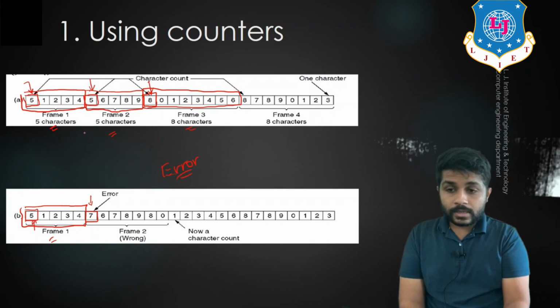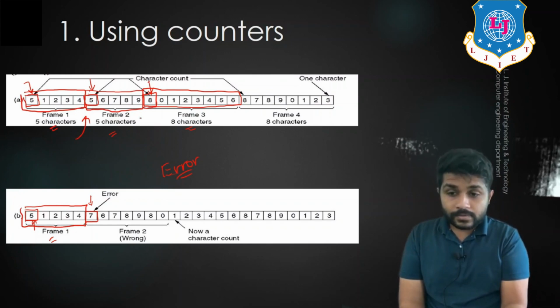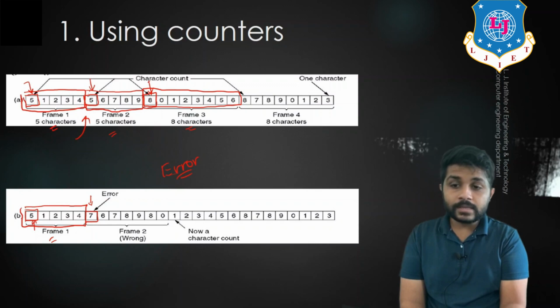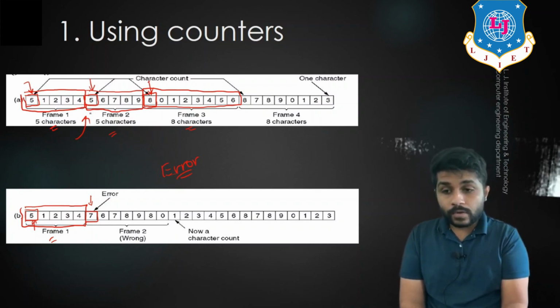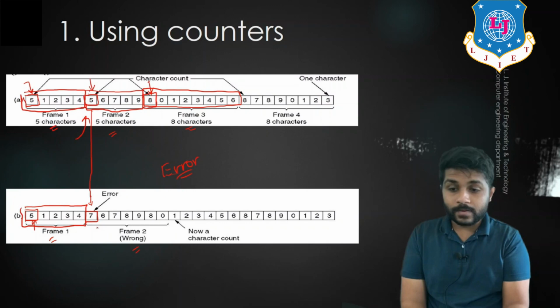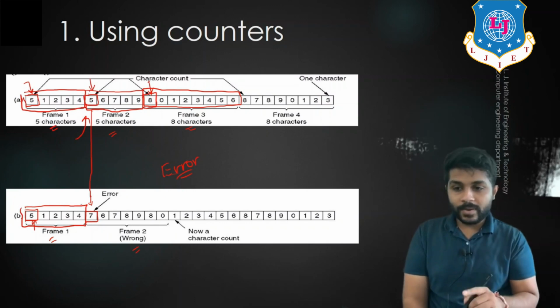But if you see, when the sender sent the data, the first character of the frame was 5. It means in this frame 2 there are a total of 5 characters and the first character is 5, which indicates the total number of characters in the frame. But because of the noise, the value of the first character of the second frame is changed from 5 to 7. Now it is problematic, right?